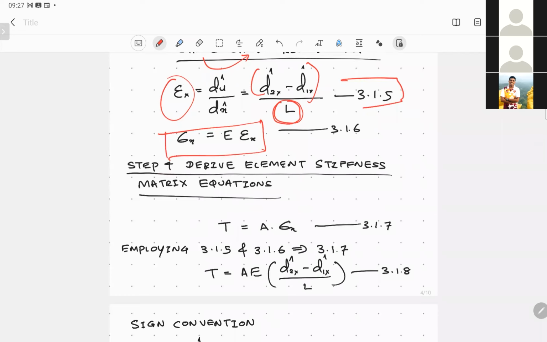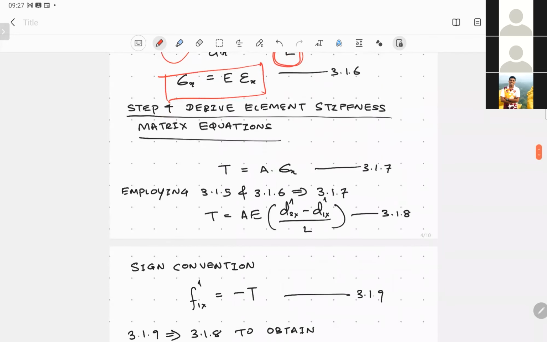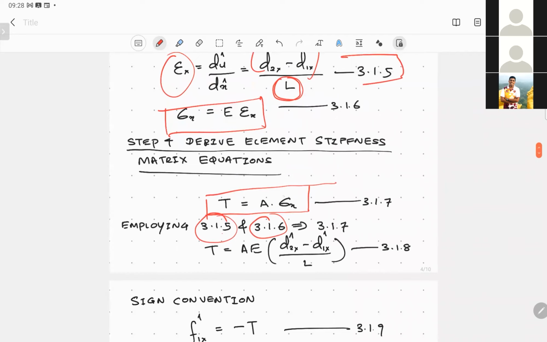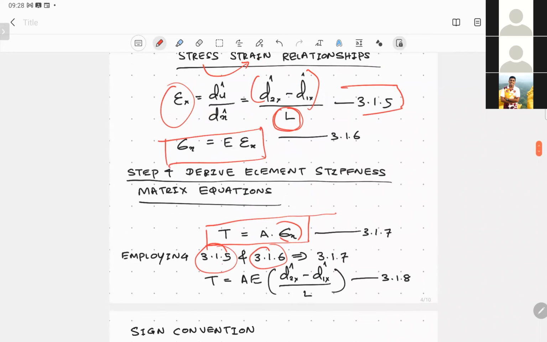So in step number 4, now let's try to derive the element stiffness matrix equation. We know the tensile force is nothing but the area of the bar times the stress in the x direction. So we can use the information which we obtained from equations 3.15 and 3.16 and substitute in 3.17, so that we can substitute the strain term and express it in terms of the nodal displacements which we obtained in this equation.